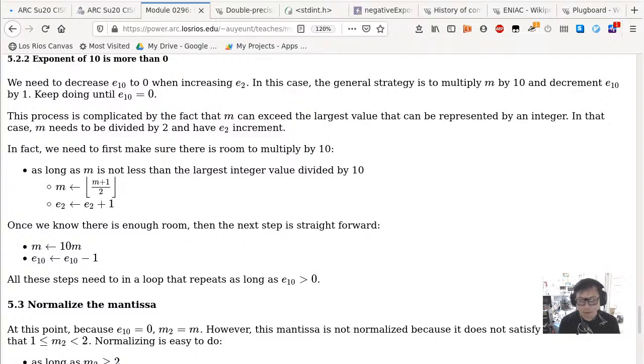Okay, so the power function is also not needed. I'm getting a direct message asking about using the power function. The power function is not strictly needed because you can use shifting, and the shifting operation is actually exact when it comes to integer arithmetic, as opposed to the power function, which is not exact.